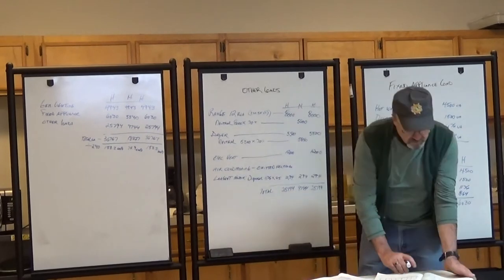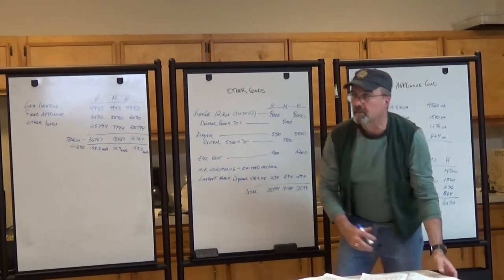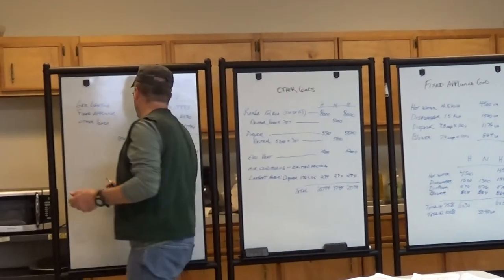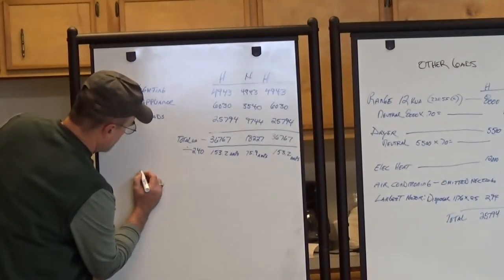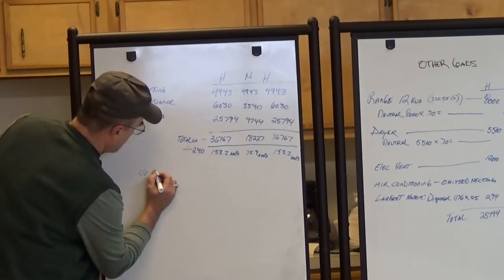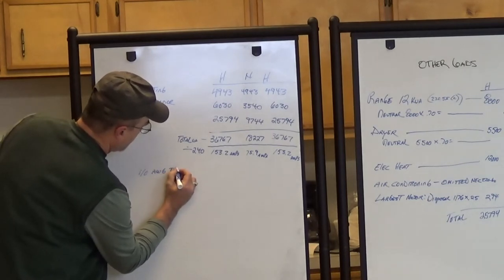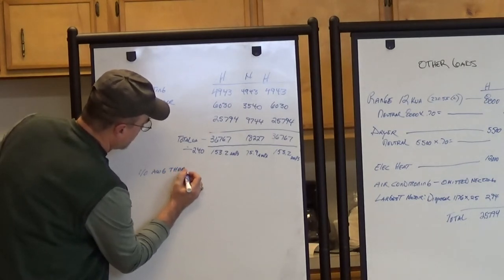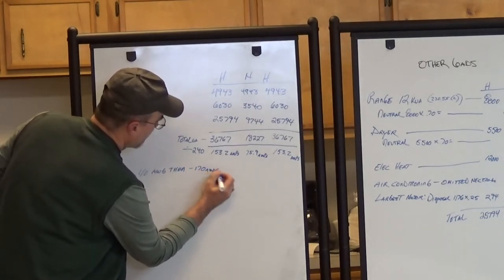Remember 1-aught AWG, and we'll just say THHN. So we want to use 1/0 AWG THHN, which is good for 170 amps, right?